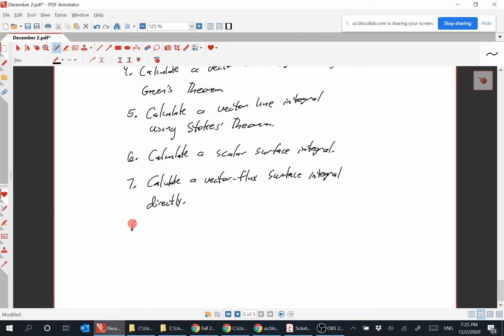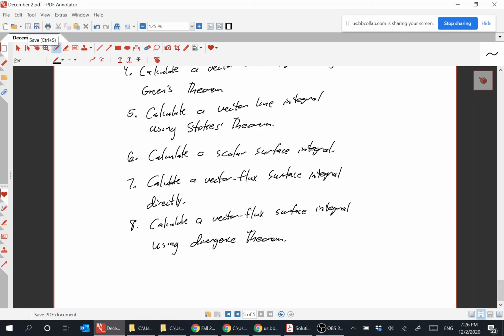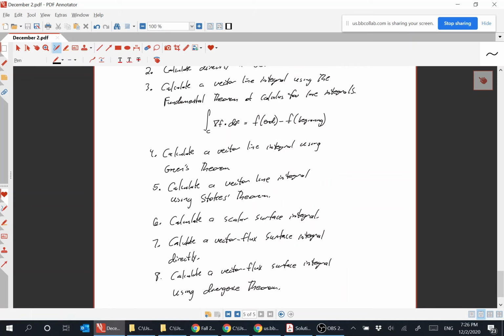And 8, calculate a vector flux surface integral using the divergence theorem. So there are essentially 8 types of questions here. I'm not going to ask all of them. We'll say 6 of them.